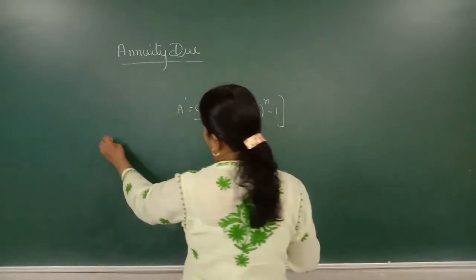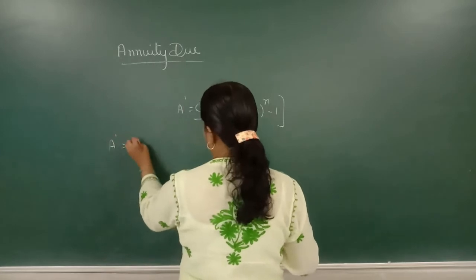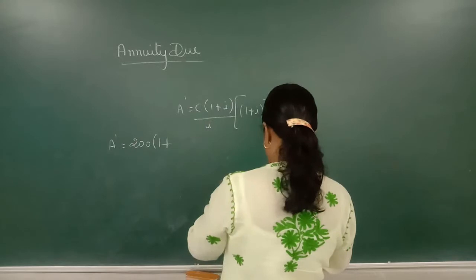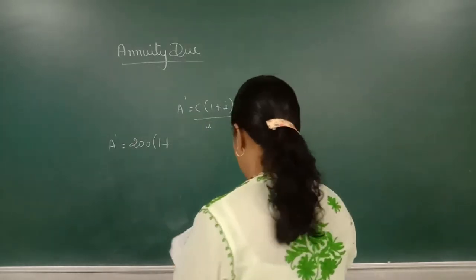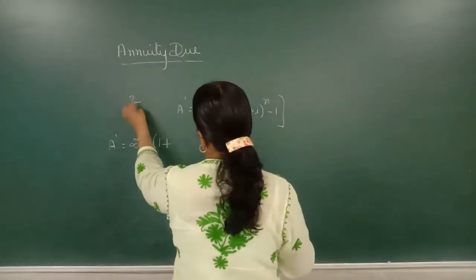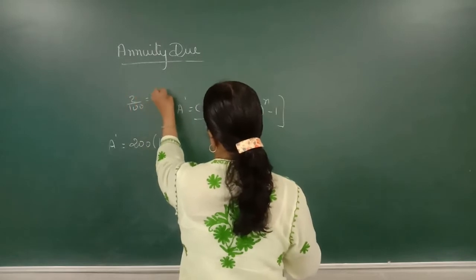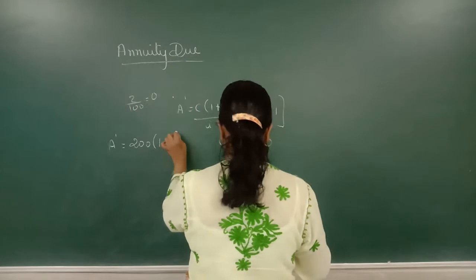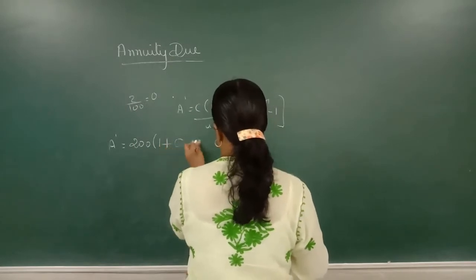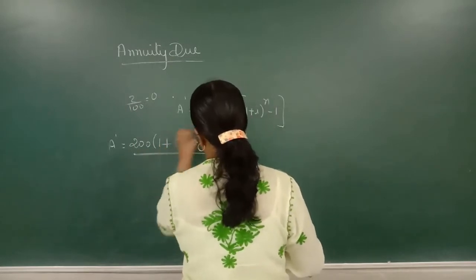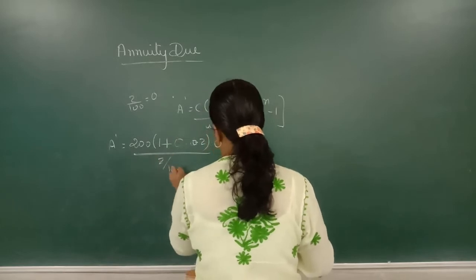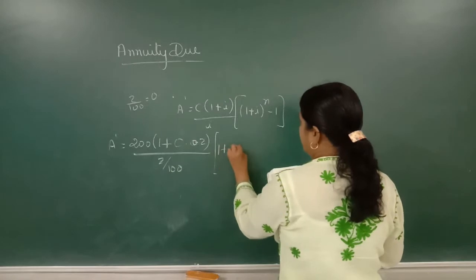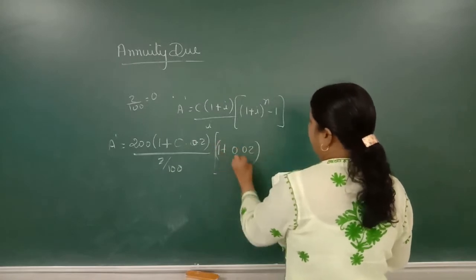See, A dash will be equal to C, which is given to be 200, 1 plus I is given to be, just now we have seen, 2 upon 100, that is 0.02. Sorry, 0.02. So what do we write here? 0.02 upon 2 upon 100 into bracket 1 plus 0.02 to the power, for how many years?